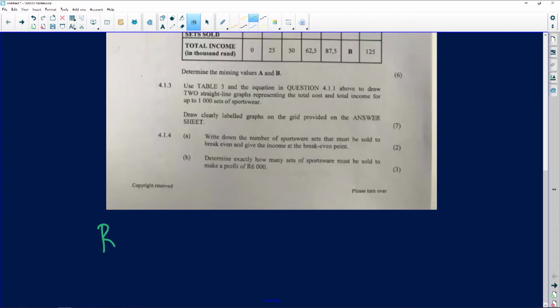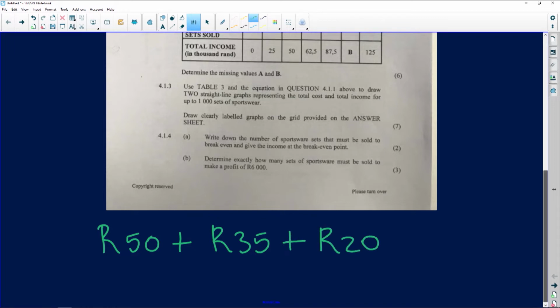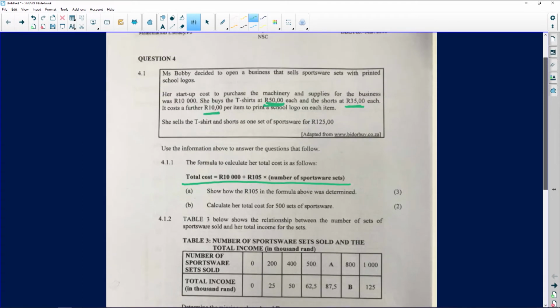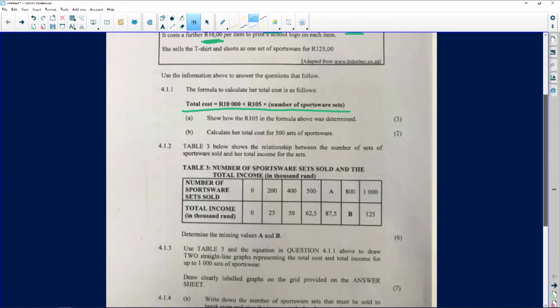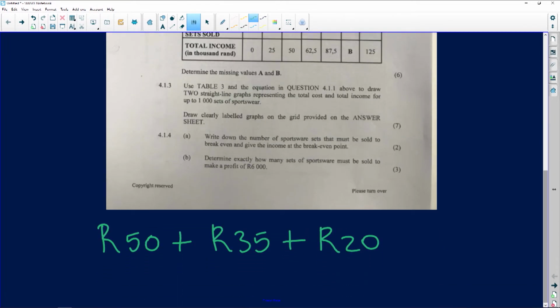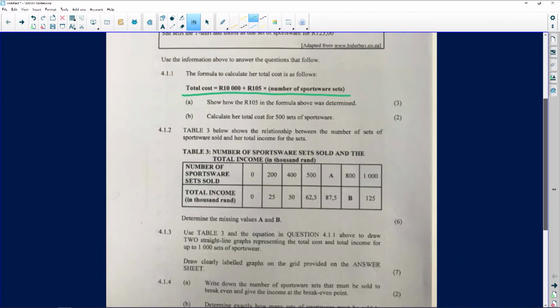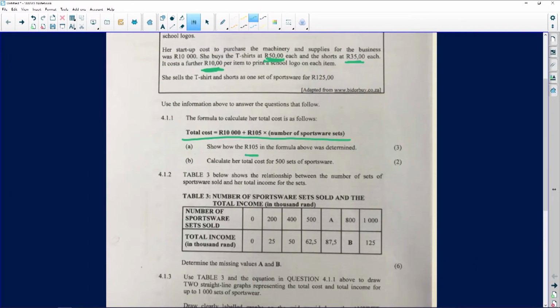So we are going to add 50 Rand plus 35 Rand plus 20 Rand. And I'll tell you why I say 20 Rand. The 20 Rand is from her printing the logos on the two items. So it's that 10 Rand times 2, which gives you the 20 Rand. And if you add that up, it should then give you 105 Rand. So that's where they got this 105 Rand.